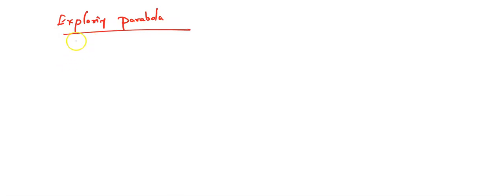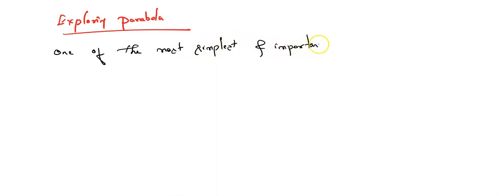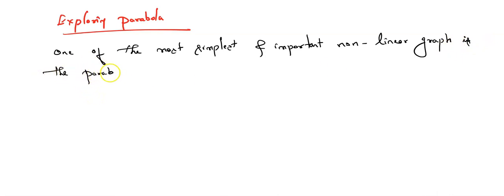As you can see here, it is one of the most simplest and important non-linear graph. You should know this. This is very important. What is parabola? It is one of the most simplest and important non-linear graph. If you want, you can write, this is the parabola.